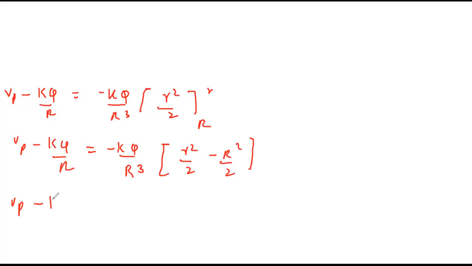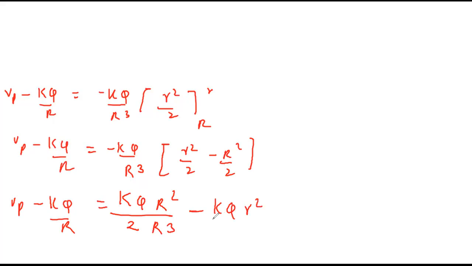So Vp minus KQ by R will become, minus into this minus, KQ into r square upon 2 times R cube, plus, हो गया, और second term KQ R square upon 2 times capital R cube, ये R square cancel.